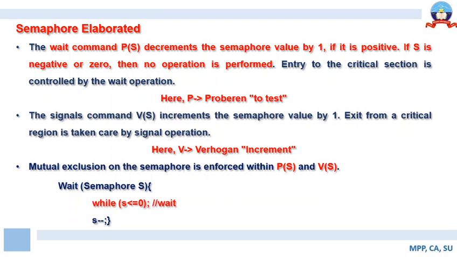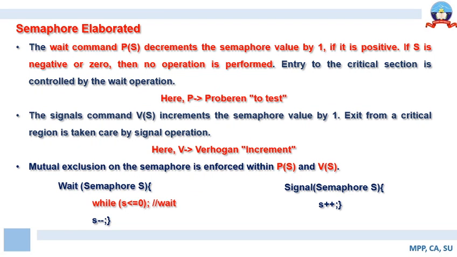So what does wait do? Wait will first wait as long as the value of semaphore is less than or equal to 0. The moment it becomes 1, the condition will not be satisfied, then it will come to the very next statement, that's s minus minus, so it will decrement the value of semaphore and let the cooperating process perform its operation.